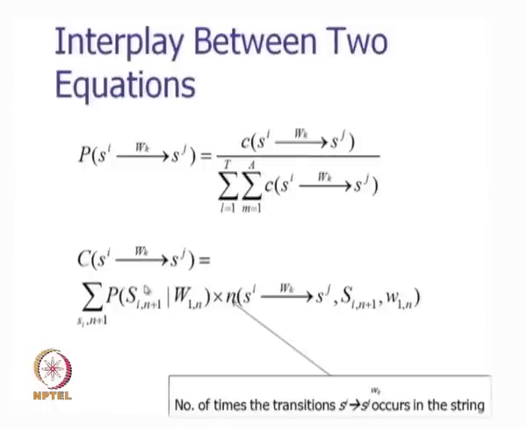The whole computation happens by an interplay between a probability calculation in terms of counts and estimating the expected counts, from the values of the transitions, the number of times the transition occurs, and weighting it by the probability of the state sequence given the observation sequence.